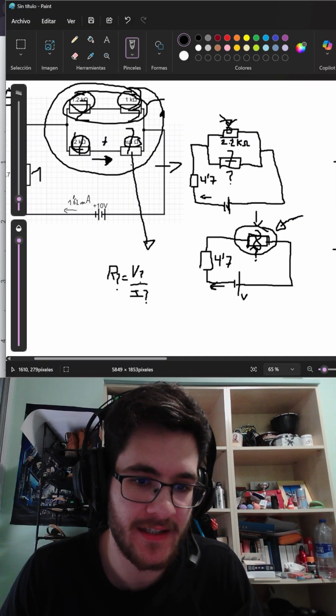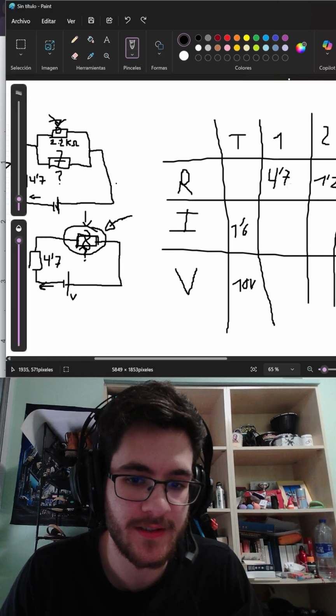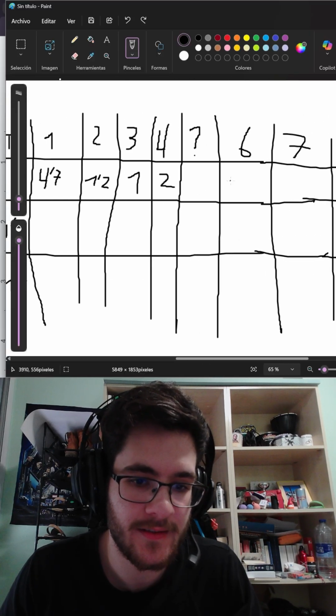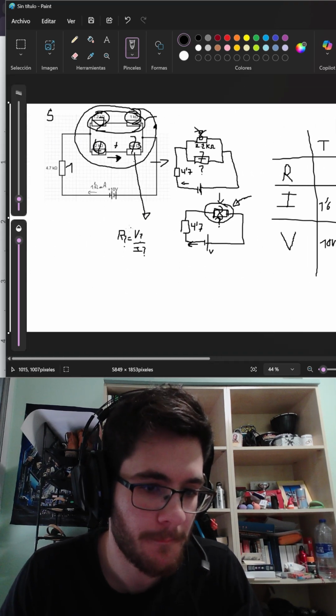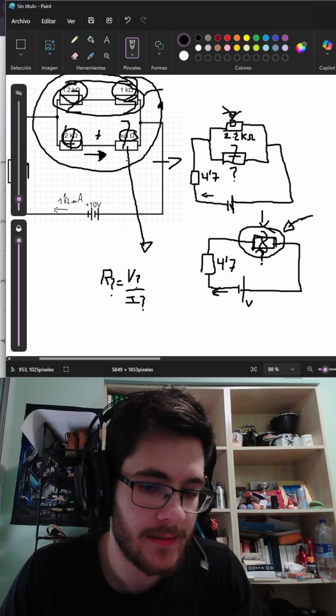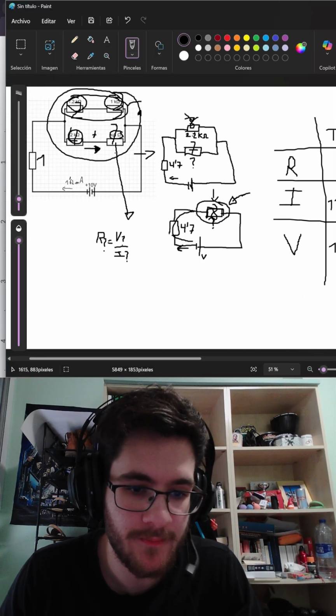And then the 6 is the sum of these two, as we know, because it's the simplified resistance. It's 2.2. The 7 we don't know, and the 8 we also don't know. Then the intensity of these two is the same in this circuit.